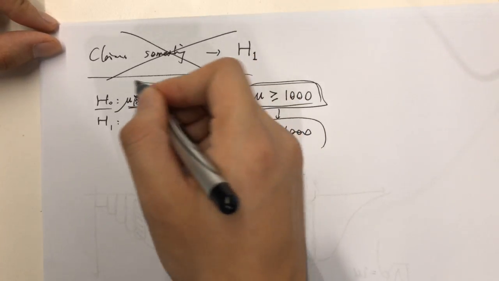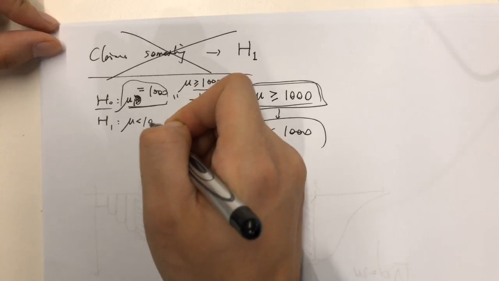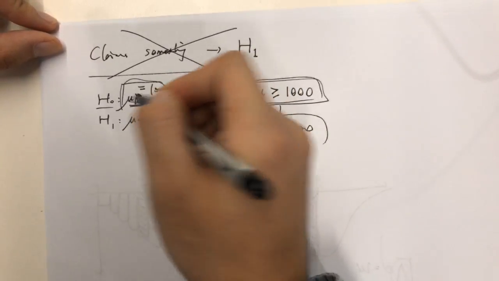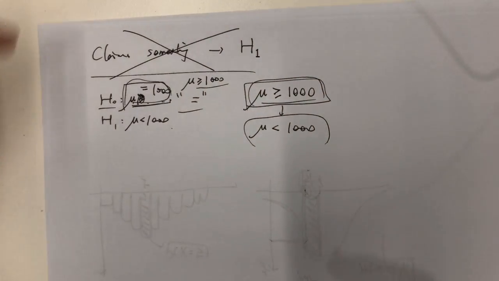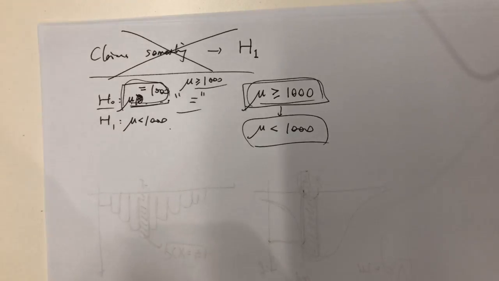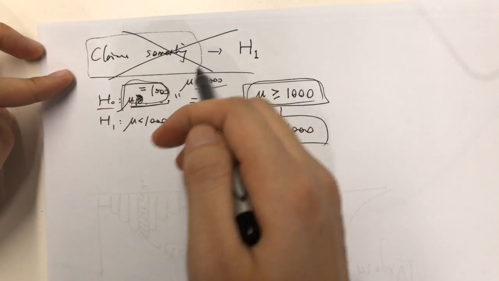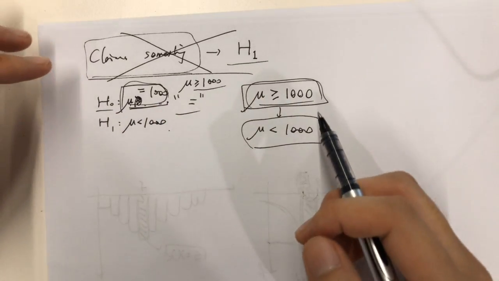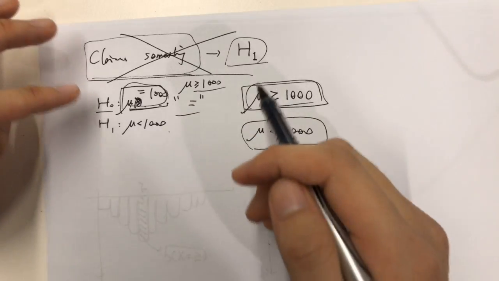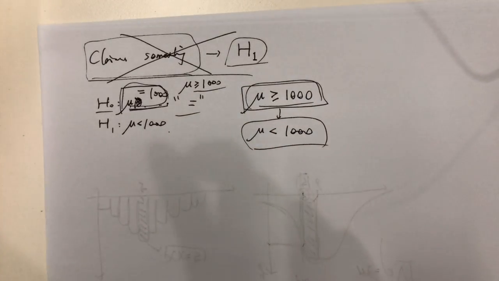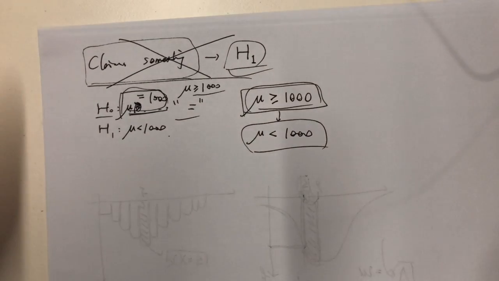In our textbook, when you look at mu equal 1,000 versus mu less than 1,000, you can understand this as mu greater or equal to 1,000. Hopefully this answers your question, but don't trust that if someone claims something, it must go to the alternative hypothesis. This is something that I heard from our students, and it is wrong. I don't know where you got that conclusion, but it's wrong.